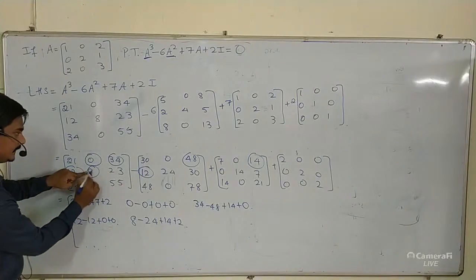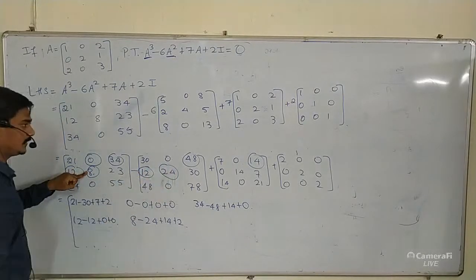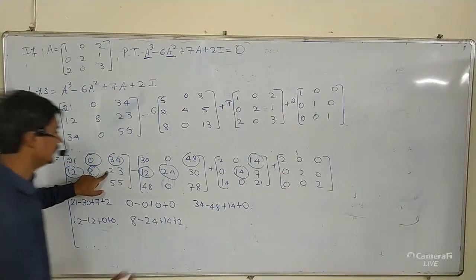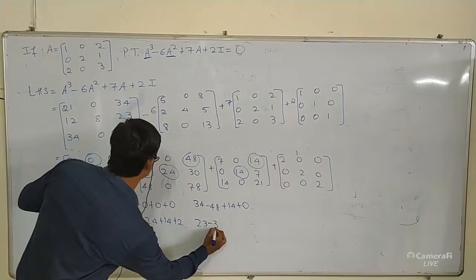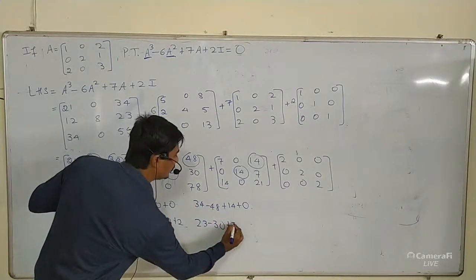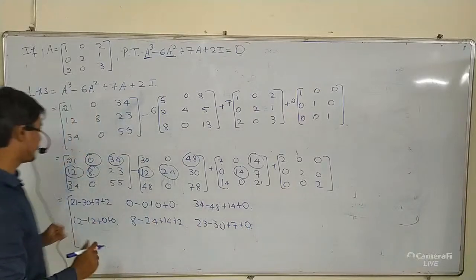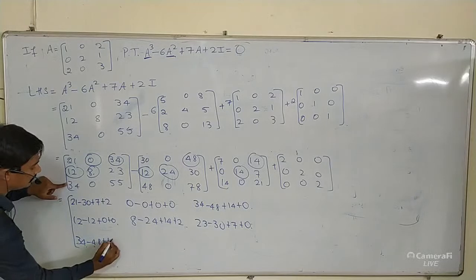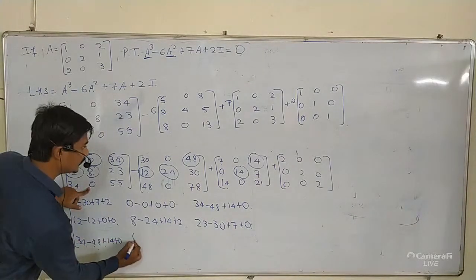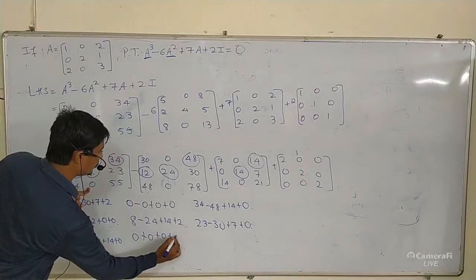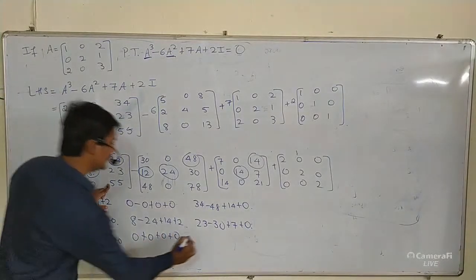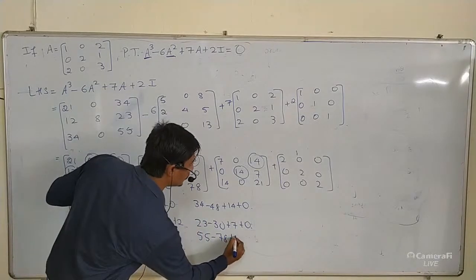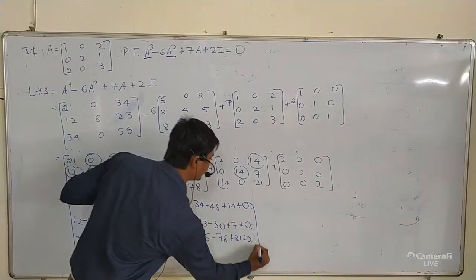See, this is 8, minus into plus, minus 24, plus 14, plus 2. Then 23, minus 30, plus 7, plus 0. Here it is 34, minus 48, plus 14, plus 0, then 0, plus 0, plus 0, plus 0. This is 55, minus 78, plus 21, plus 2.